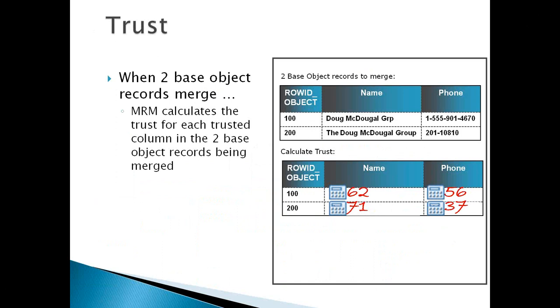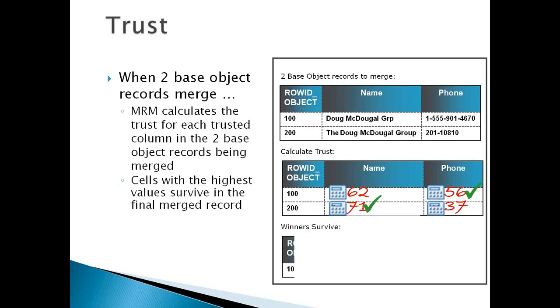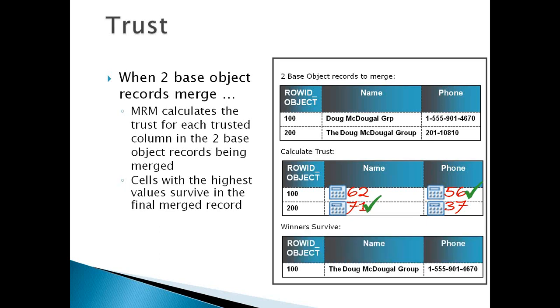So MDM has calculated these values and finally found that for the name, 200 is more trusted, and for the phone number, 100 is more trusted.